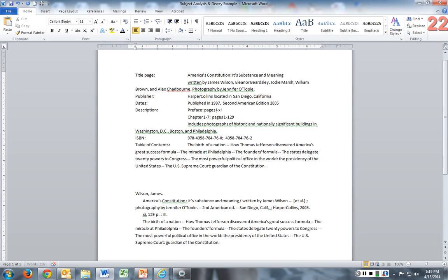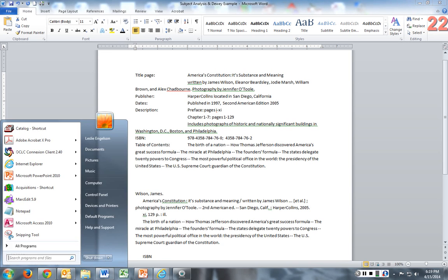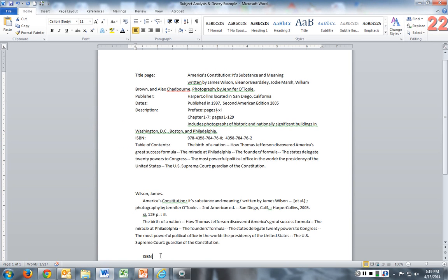But the last part I want to put in is the ISBN, area 8. And there are two ISBNs here, you'll notice. Now, let me copy them and then I'll talk a little bit about them. I'm going to copy all of that and then copy the next one.